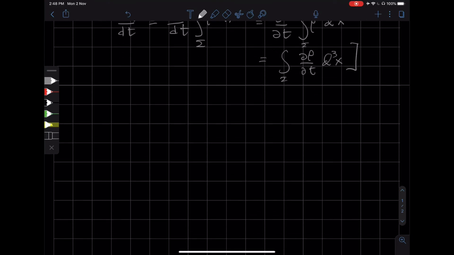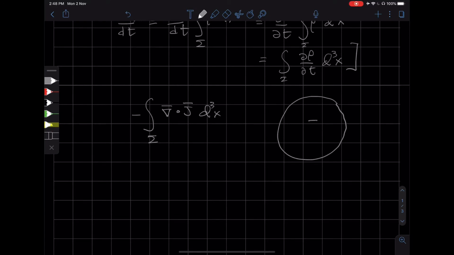Now, what about the right-hand side? So the right-hand side is the integral over all space of the divergence of the current density. Now, if this is sigma, the sigma is a huge volume that we're integrating over. So the boundary of that would be a huge two-dimensional sphere, which is bounding all of space. So this is the boundary.